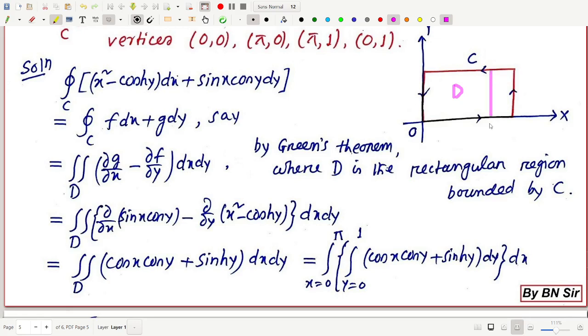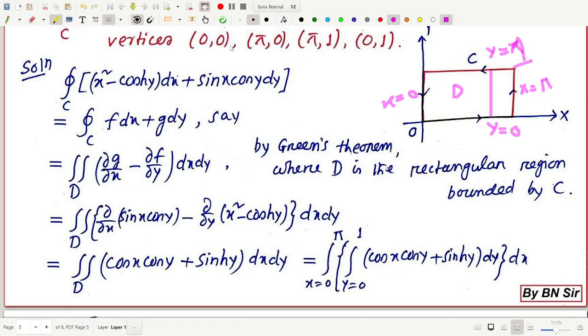Sorry, x goes from 0 to pi, and y goes from 0 to 1, this is 1.